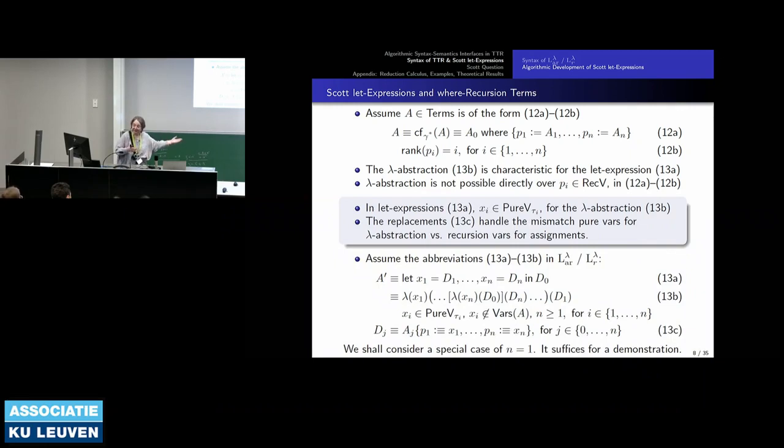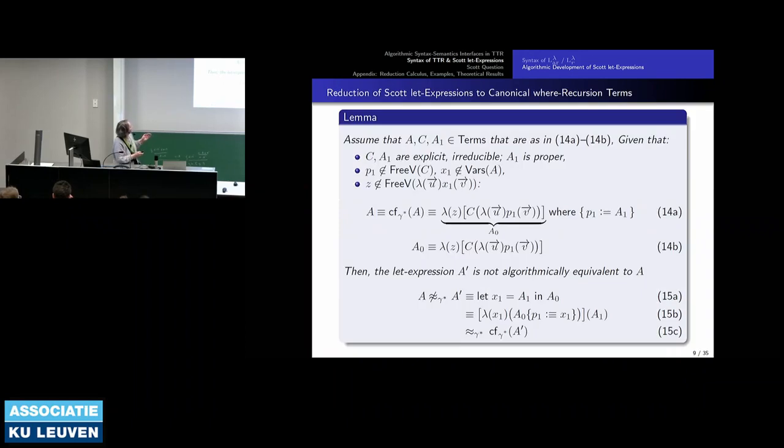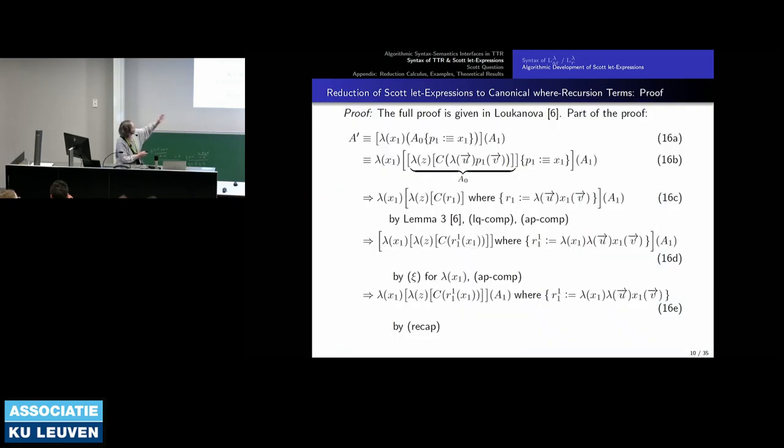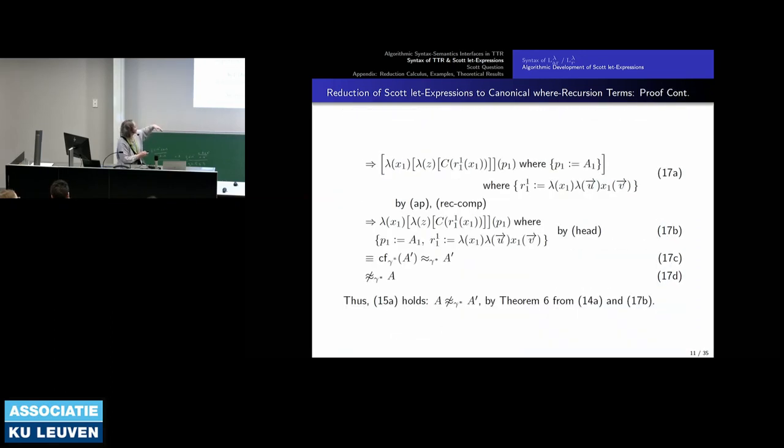And there is a criterion for algorithmic equivalence, which means that their canonical forms have to be isomorphic, so to say. And they're not. So here, after some massages, this is A prime after this replacement, for the case n equal to 1. And here I start using the reduction calculus. And this is the canonical form in 17b. 17b is two rows. So it is absolutely not equivalent to A.